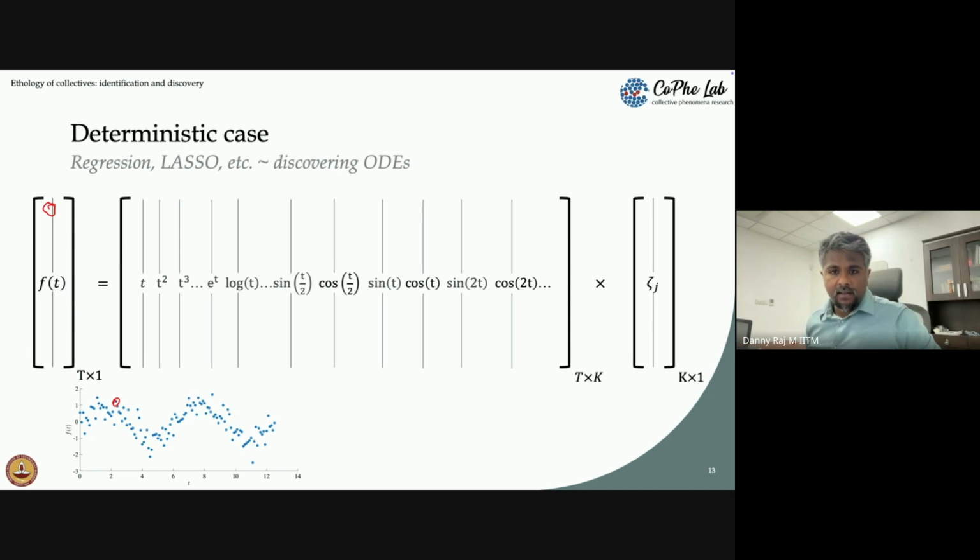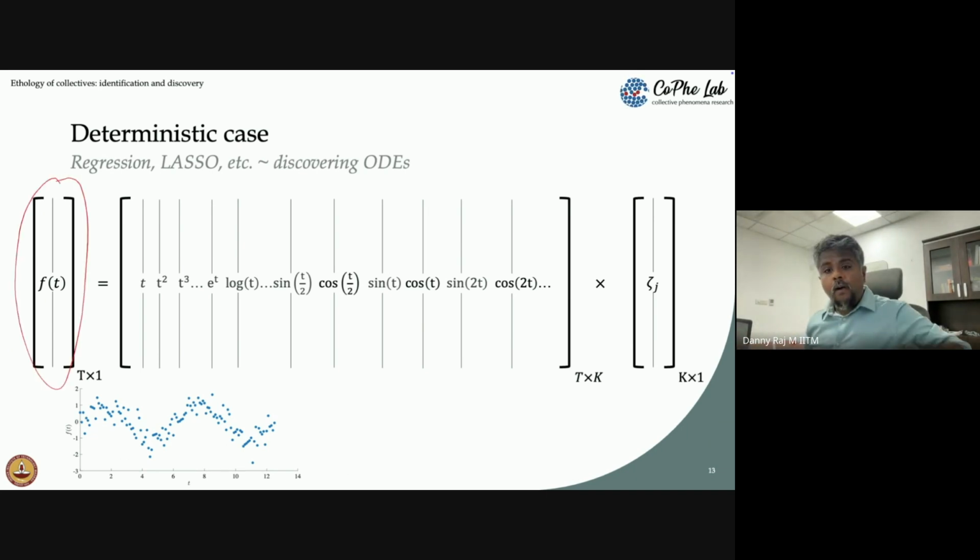Let's say there are a total of 1,000 entries, which means the size of this will be 1,000 cross 1. That's why I've put it as t cross 1. I'm putting every one of these quantities, the y-axis values, in this column.